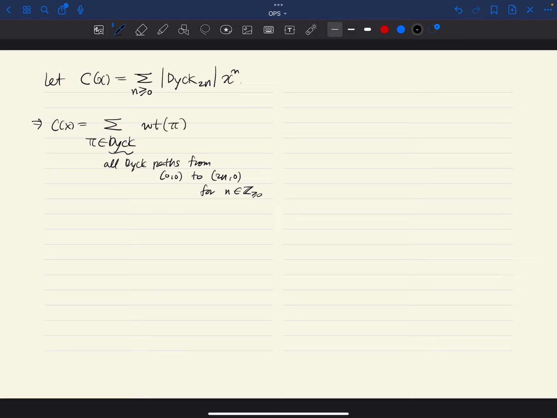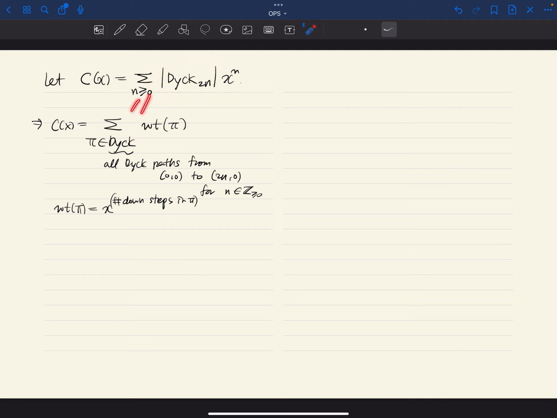But what is the weight? The weight of pi, I'm going to define as x to the number of down steps, or up steps, the same. Okay, let me define it this way. Then this is equal to this, because if you collect all those weights with x to the n, there are exactly these many terms, so this is equal to this.